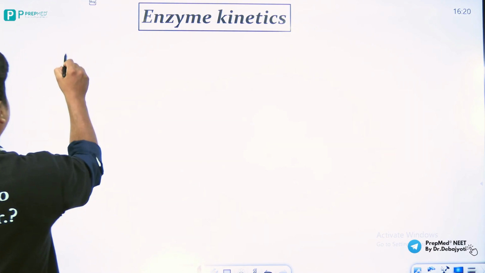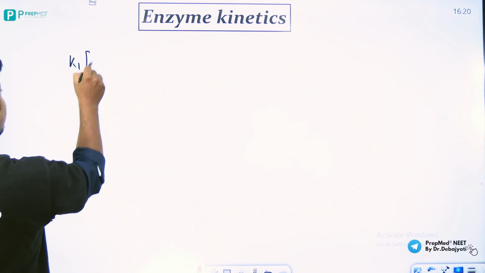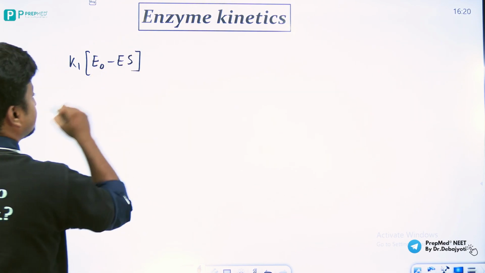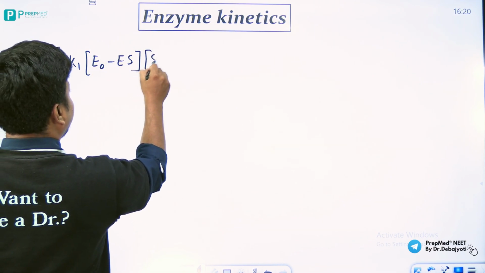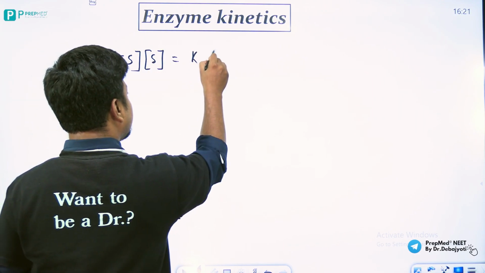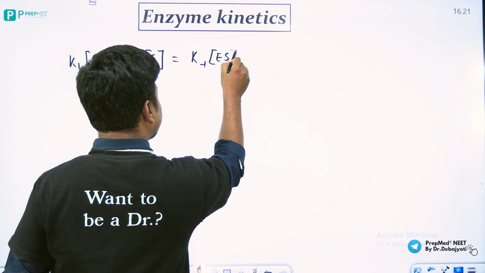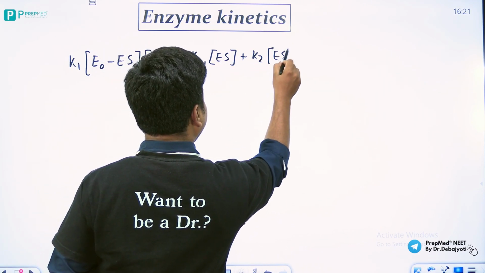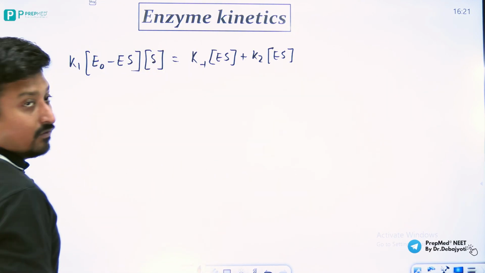We get K1 into (E0 minus ES) multiplied by S is equal to K minus 1 into ES plus K2 into ES.